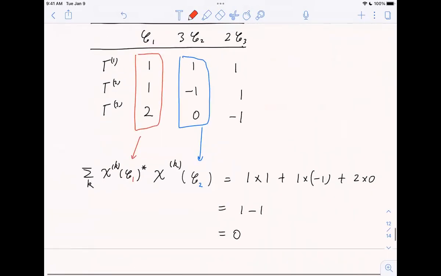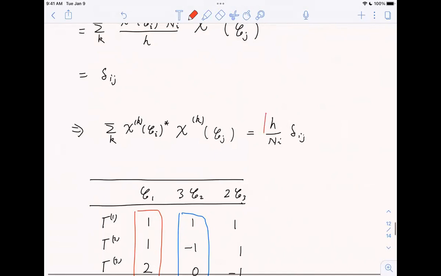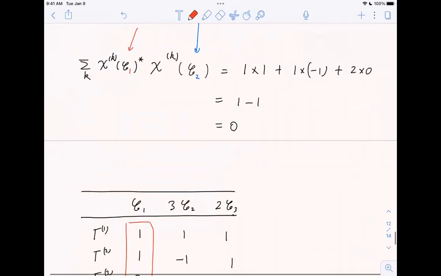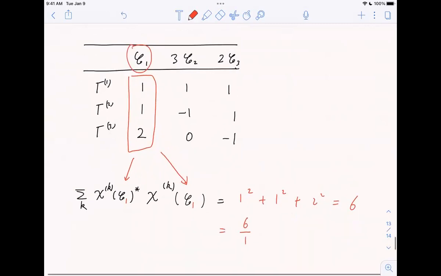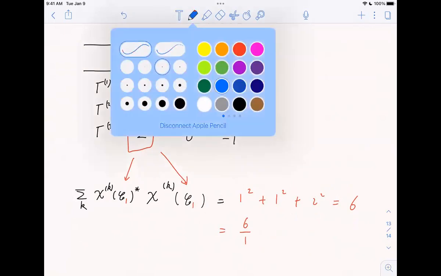And the orthogonality relationship is h over Ni, where Ni is the number of elements. So this actually equals 6 over 1 because there's only one element. So what about the other one?